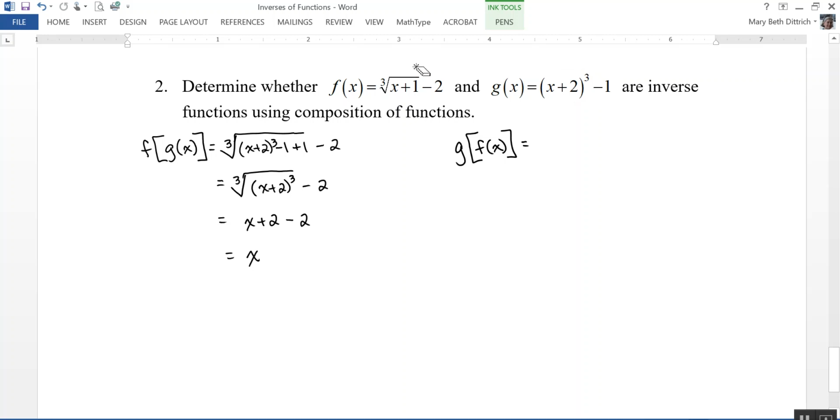Now let's do it the other way, and let's take f of x, which is this function here, and put that into g for x. So instead of x plus 2, I'm going to take the cube root of x plus 1 minus 2, so that's x, and then plus 2, that thing cubed, minus 1.